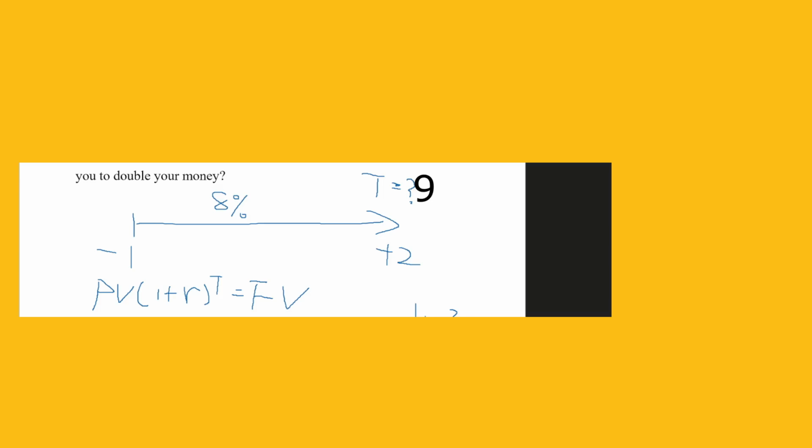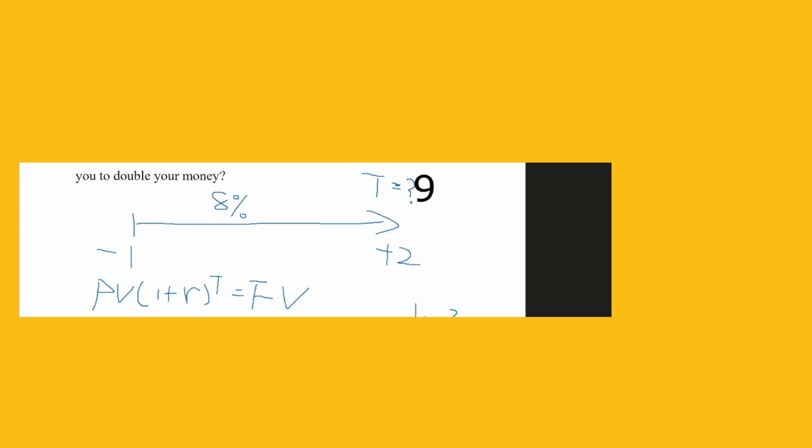Okay, so for example, if you decide to invest $1 right now, then $1 is the present value. And if you expect to be able to invest this $1 at 8%, then R is 8%. And if you want to invest for 9 years, then T equals 9.